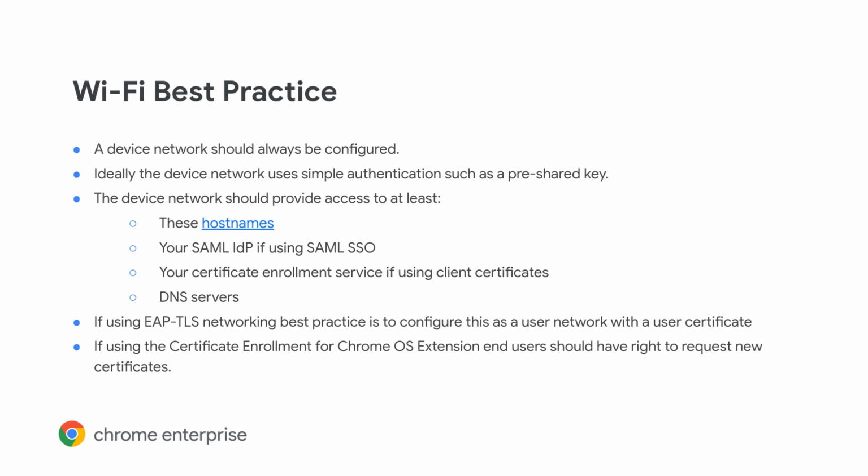And also, if you're using the certificate enrollment for Chrome OS extension, then end users should have the right to request new certificates. For example, once certificates expire, users should be able to request a new certificate without involving any administrators.